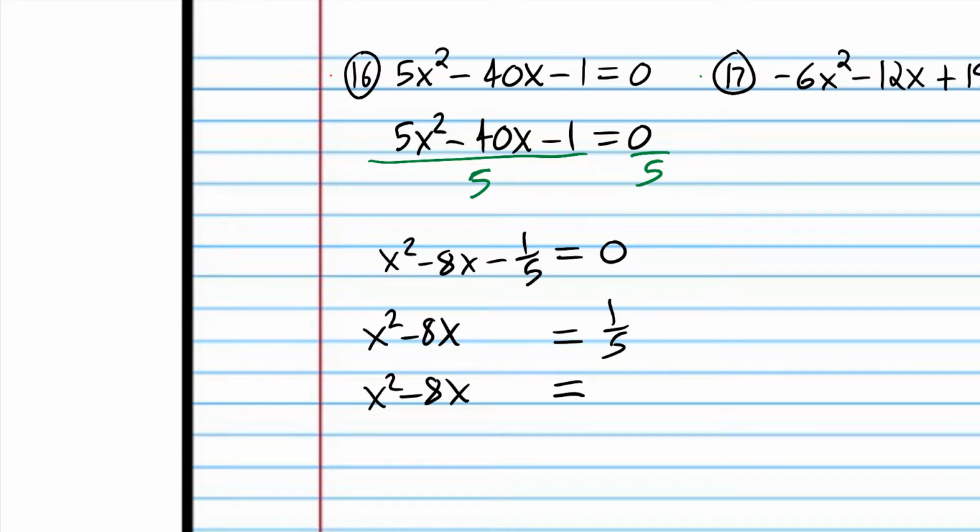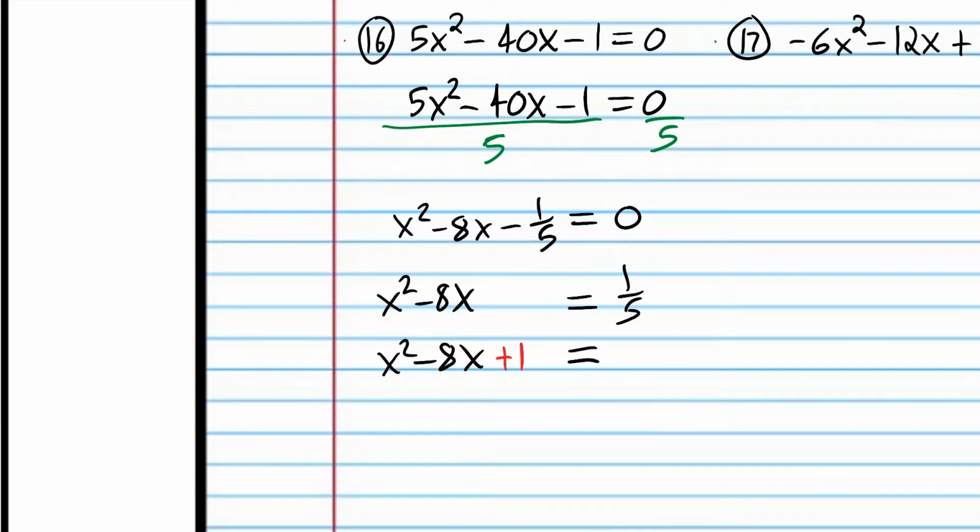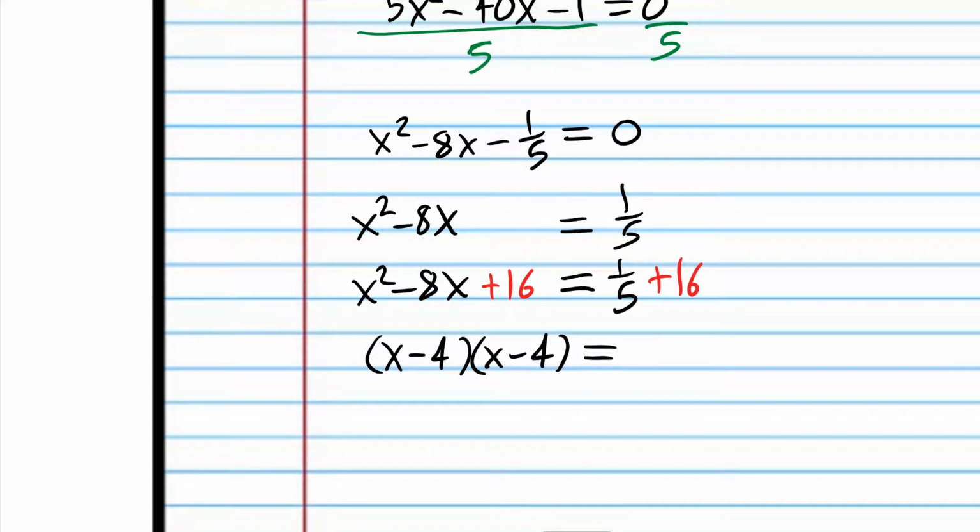And so we're going to take 8, divide it by 2, and then square it, and we get 16. And that's a perfect square. We can easily factor that, but also remember it's just this number divided by 2 goes here.